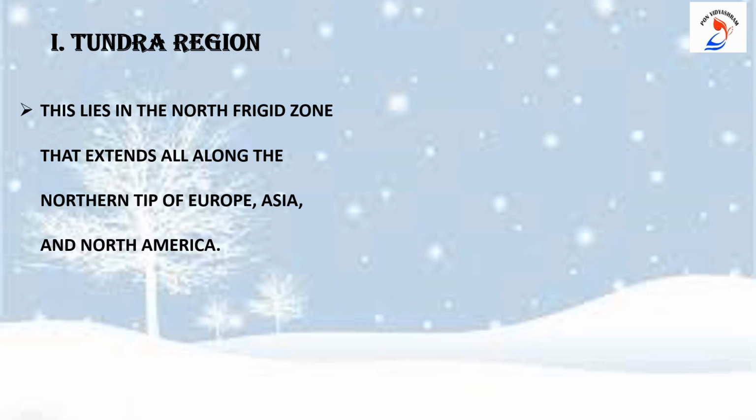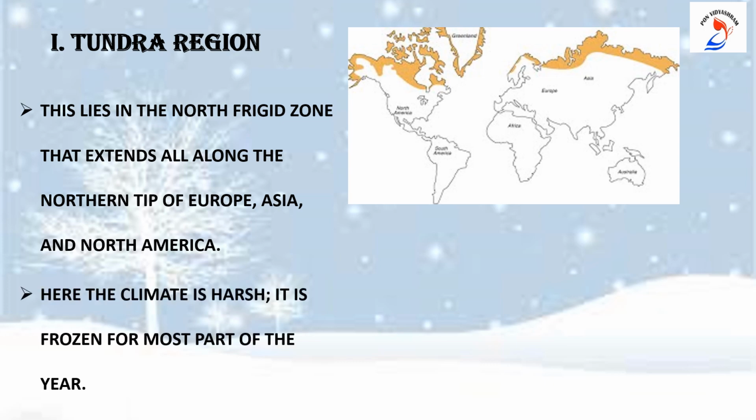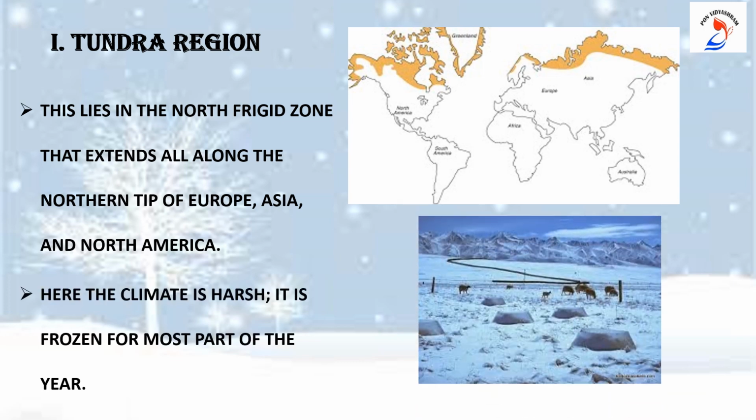The first one is tundra region. This lies in the north frigid zone that extends all along the northern tip of Europe, Asia, and North America. Here, the climate is harsh. It is frozen for most part of the year.